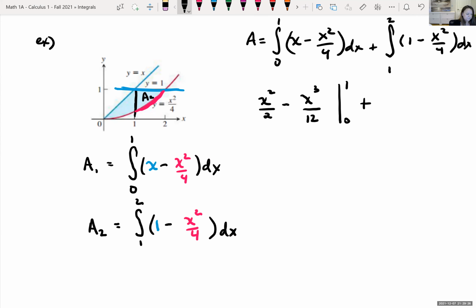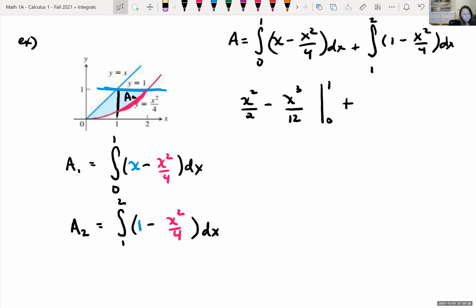Plus, so now looking at this integral, the antiderivative of, I'm sorry, 1 is x, minus. We just saw that the antiderivative of x squared over 4 is x cubed, all over 12. And this one is evaluated from 1 to 2.